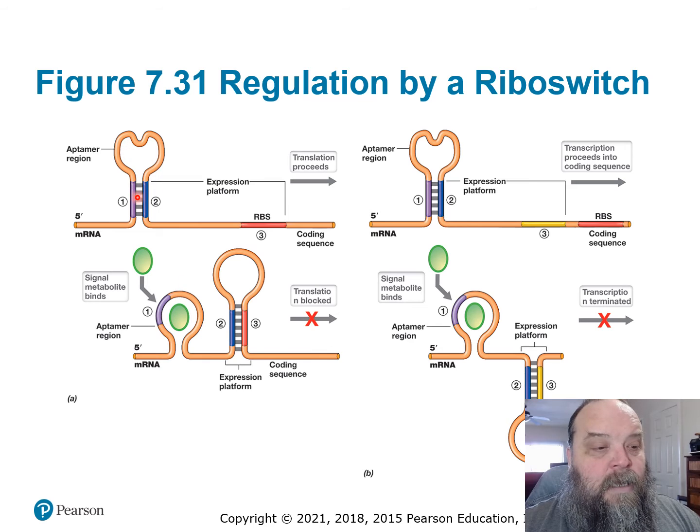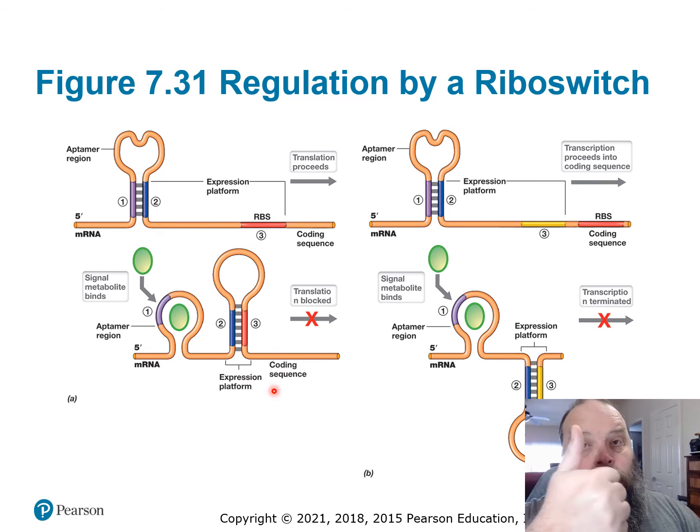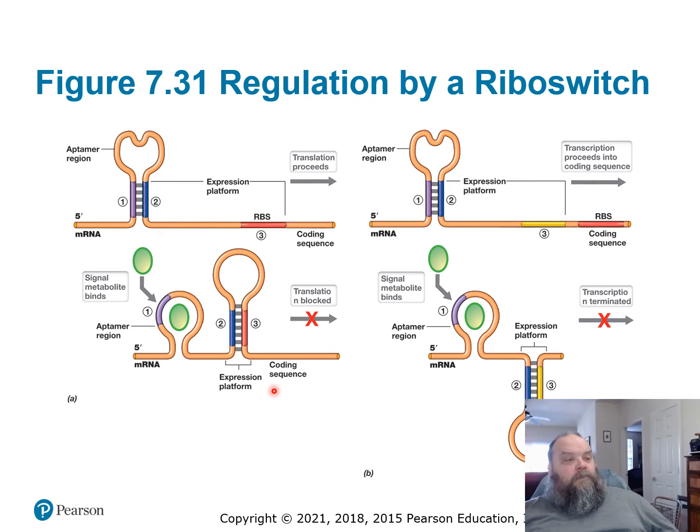By interacting here, it pulls apart this stem loop, allowing region 2 now to interact with region 3. Hey, look, that's supposed to be the place where the small subunit comes and starts to interact. But right now it's part of a stem loop, which means no small subunit, thus no large subunit, thus no translocation, no translation.